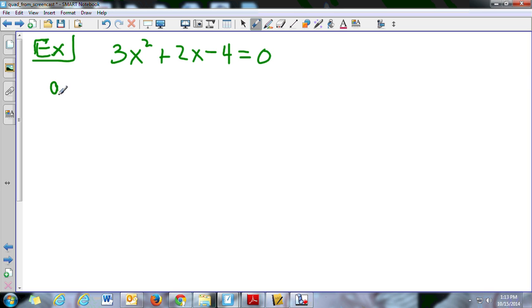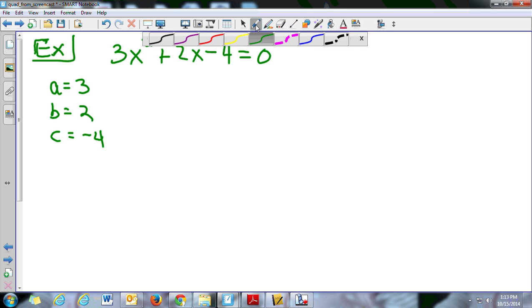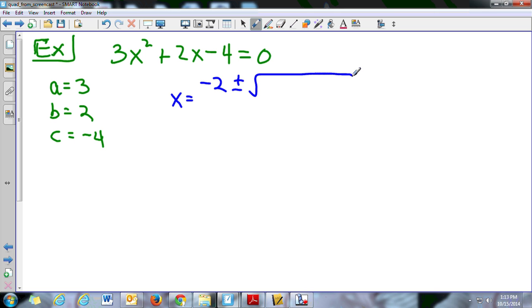So I know my value of a is 3, my value of b is 2, my constant is negative 4. So I can start to use my quadratic formula. x equals negative 2 plus or minus the square root of 2 squared minus 4 times 3 times negative 4, divided by 2 times 3.